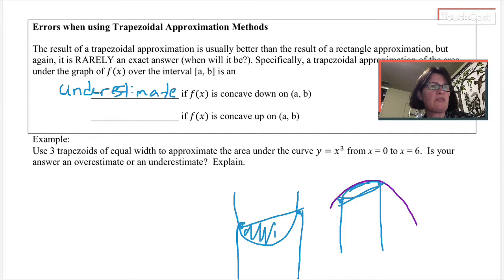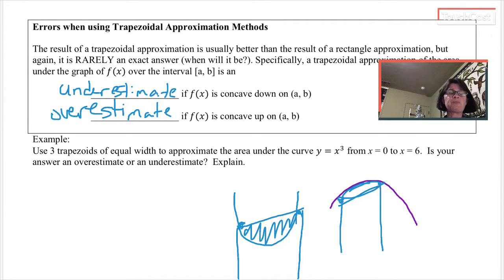All this extra stuff is not area under the curve, but I'm going to include it in my trapezoid. It's going to make it an overestimate if the function I was trying to find the area under is concave up. So overestimate if that function f of x is concave up.